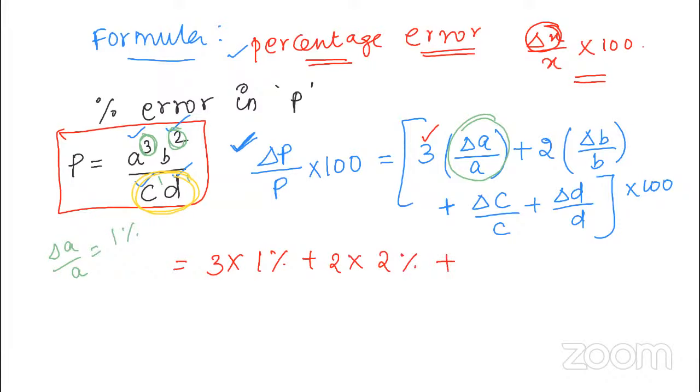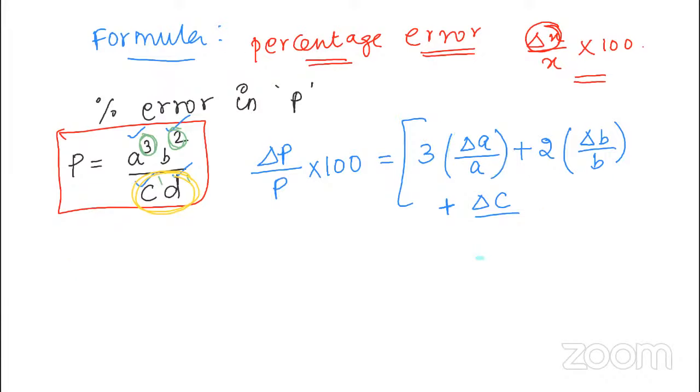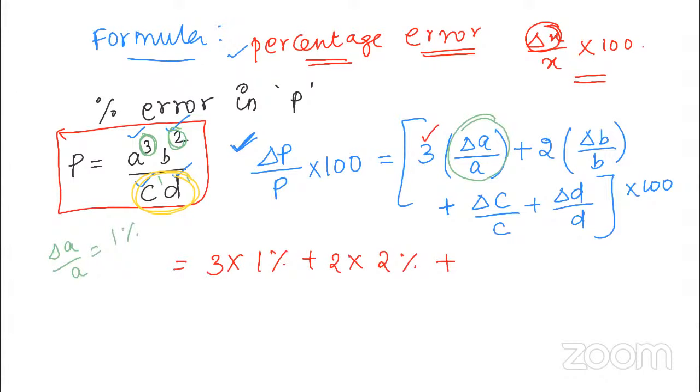Then 1 into 3% plus 1 into 4%. Okay, so by calculating all these values, we are getting 14%.